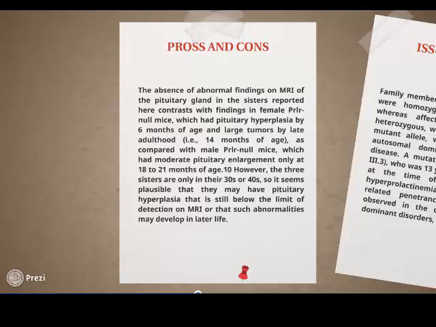However, the three sisters are only in their 30s or 40s. So it seems plausible that they might have pituitary hyperplasia that is still below the limit of detection of MRI, or that such abnormalities might develop in later life.